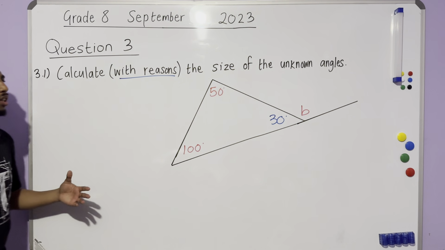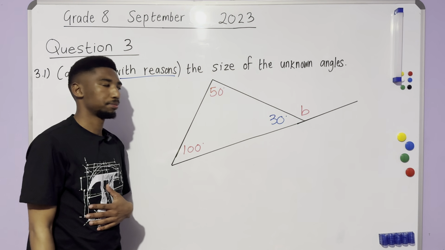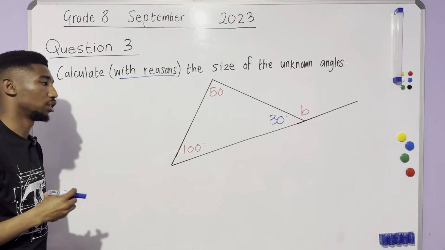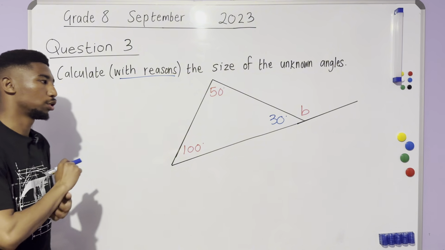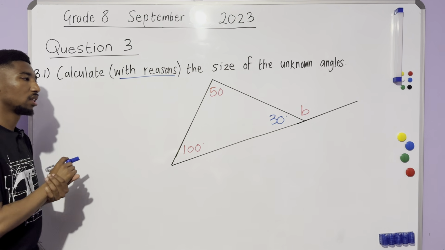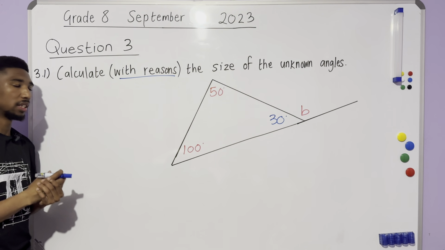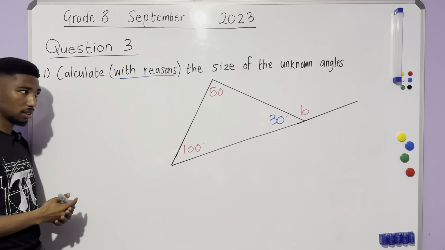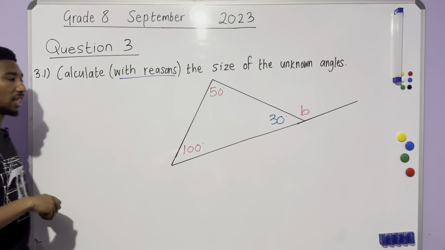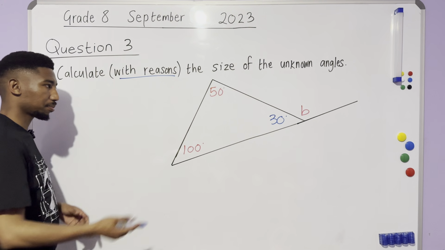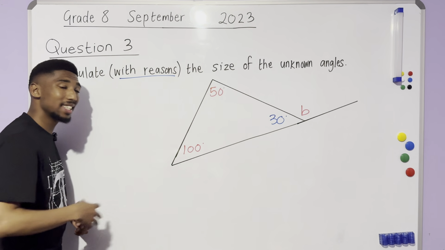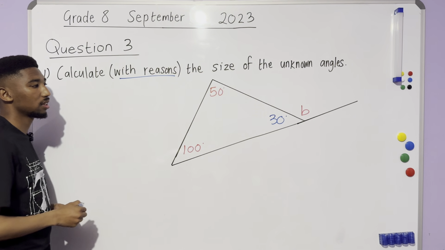Okay, now there are two ways to find B. One is you can use the straight line property: those two angles B and 30, if you add them, they equal 180 degrees. But I want us to make use of a different triangle property that you were taught, that B is an exterior angle of that triangle.